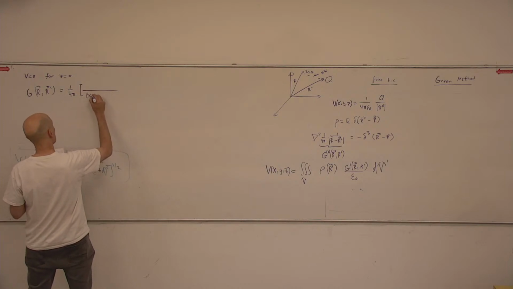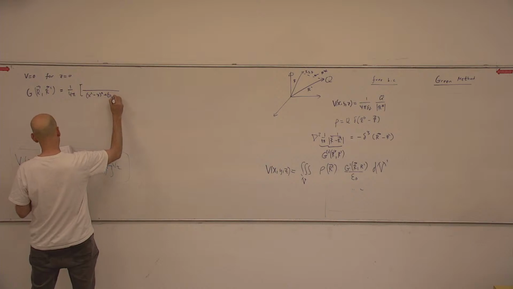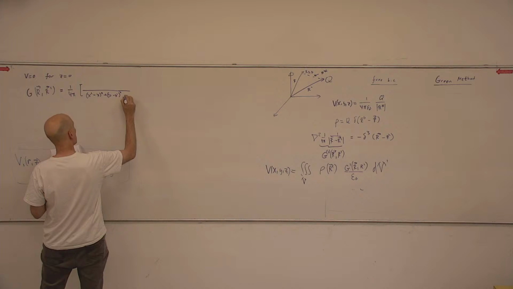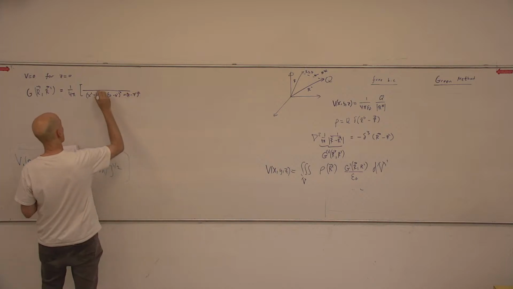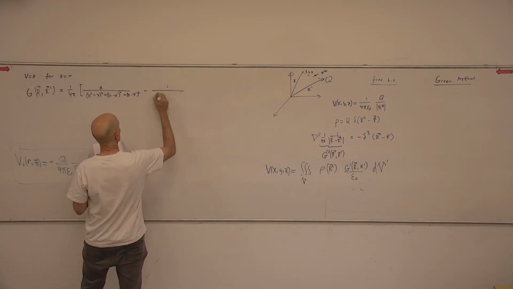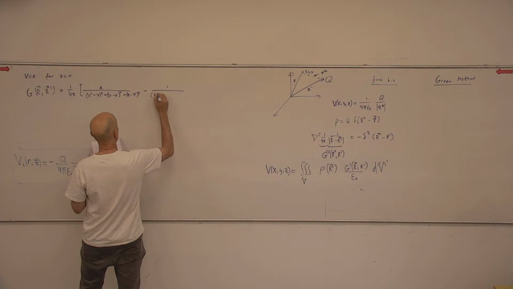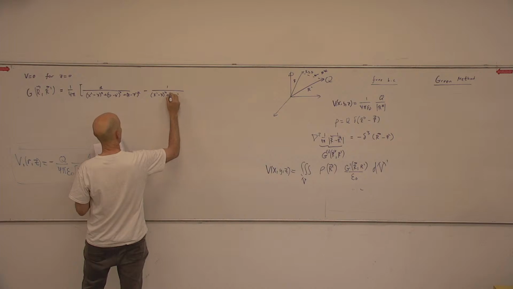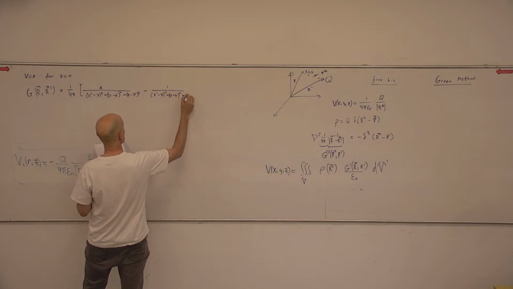X prime minus x squared plus y minus y prime squared plus z minus z prime squared, minus x prime minus x squared plus y prime squared plus z.